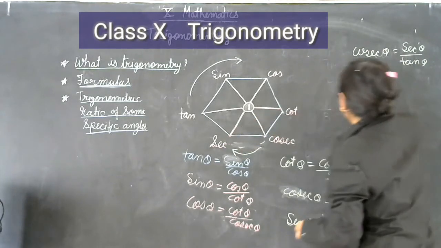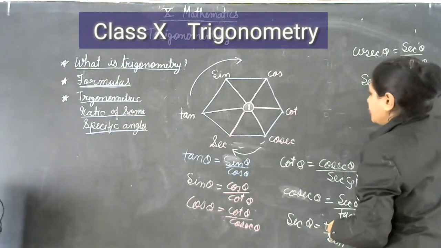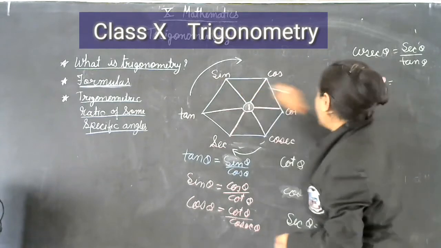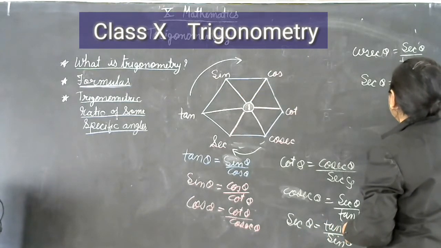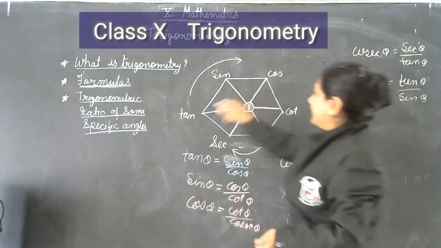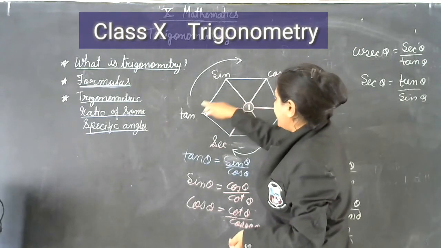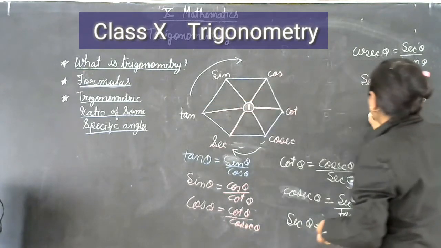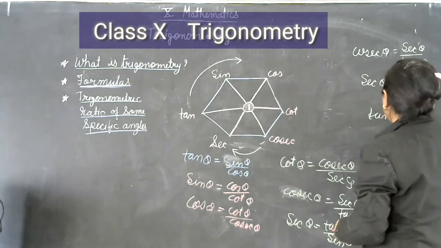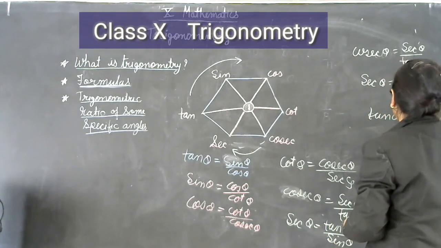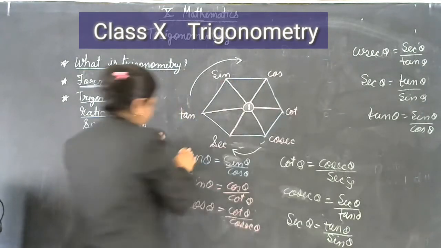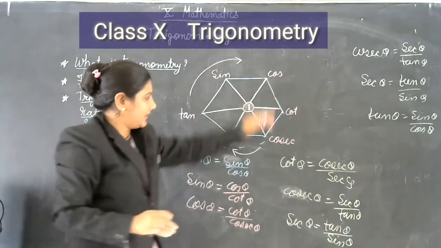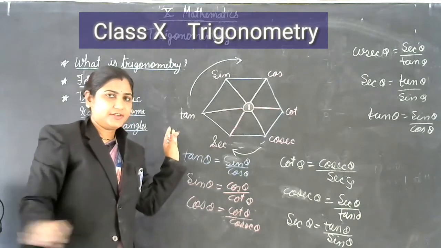Sec theta equals tan theta upon sin theta. Tan theta equals sin theta upon cos theta. Means you can write it by using the clockwise direction and the anti-clockwise direction also.